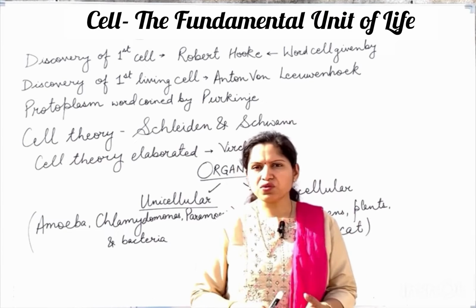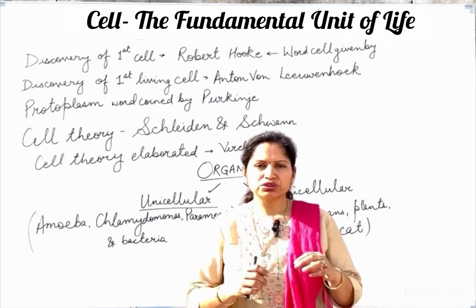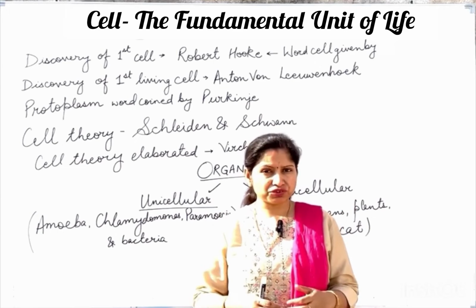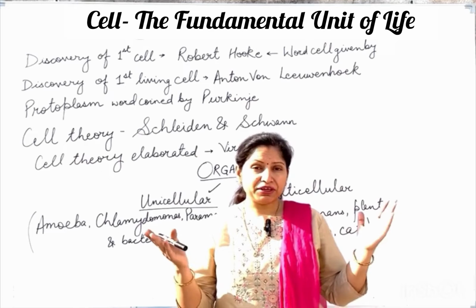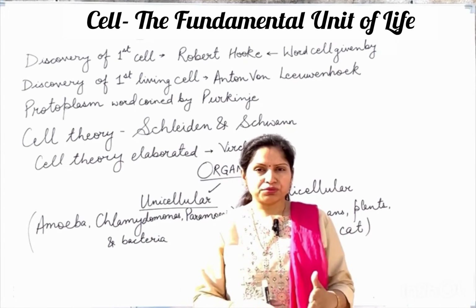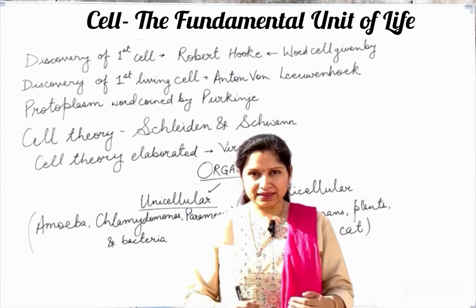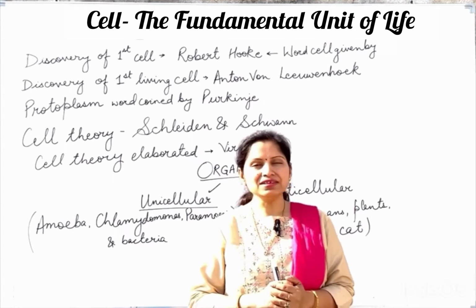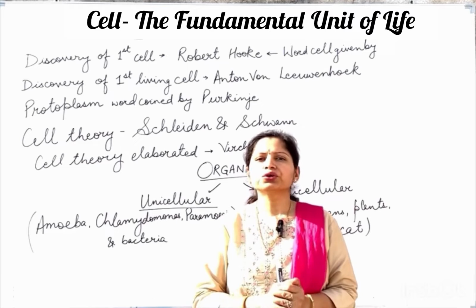Cork is something that is found in the bark of a tree, the outermost portion of the tree. That is made up of dead cells. So, from that cork, the first cell was observed for the first time by Robert Hooke.